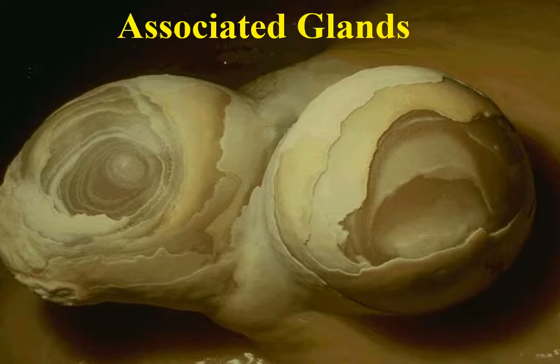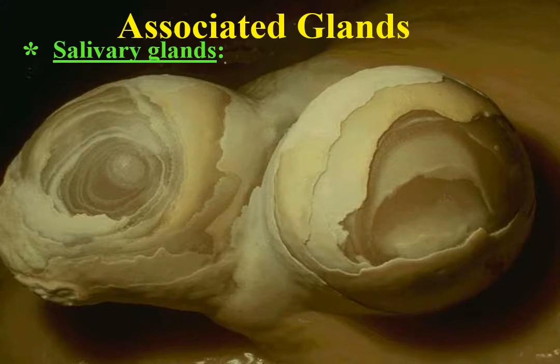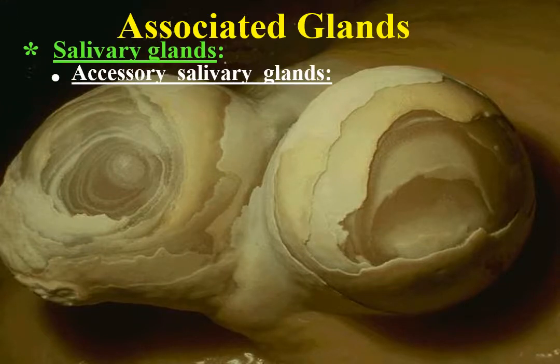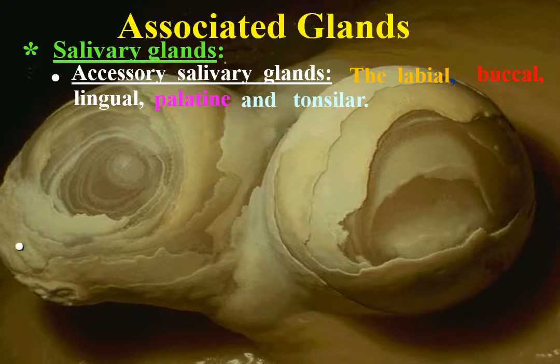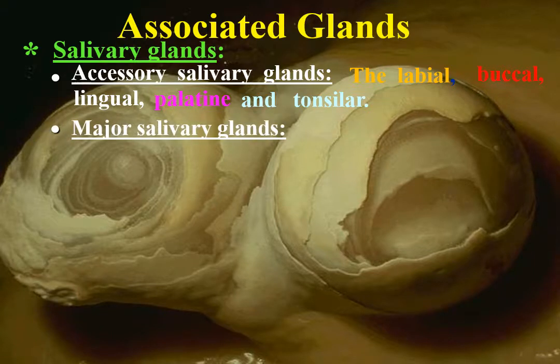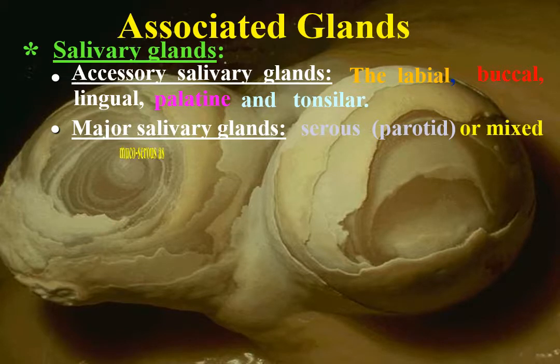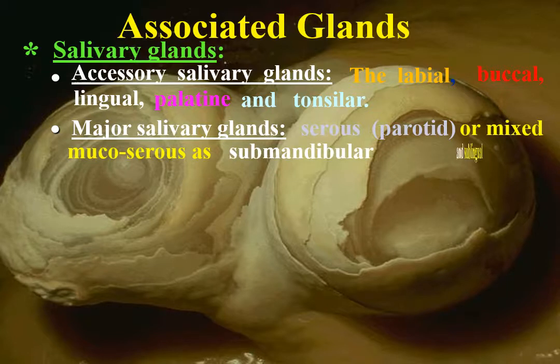Associated glands are present outside the alimentary tract and are connected to it by ducts. Associated glands include salivary glands, which may be either accessory salivary glands present in the oral cavity as labial, buccal, lingual, palatine, and tonsillar, or major salivary glands, which are either serous glands as the parotid or mixed mucoserous glands as the submandibular and sublingual glands.